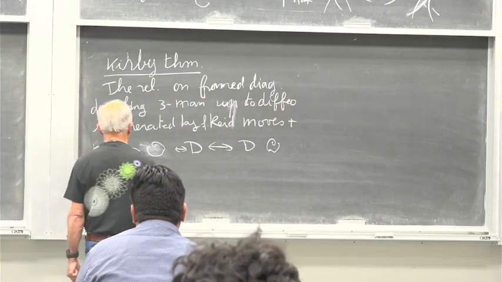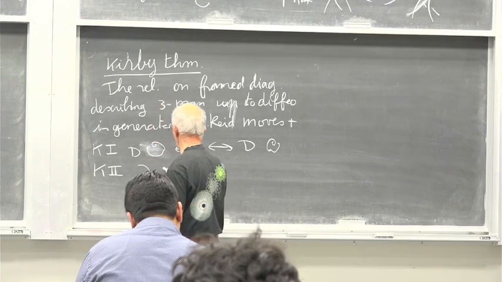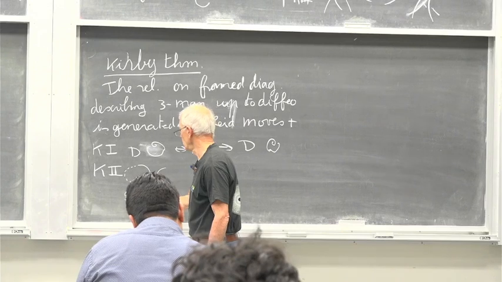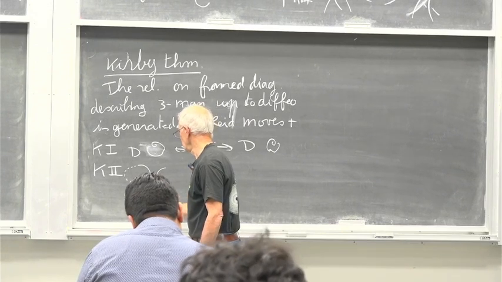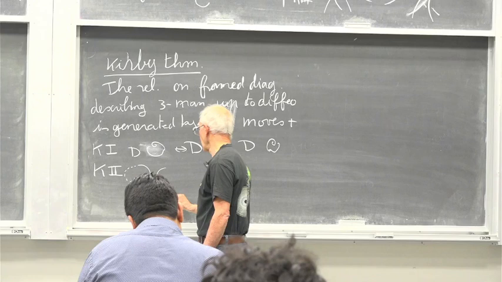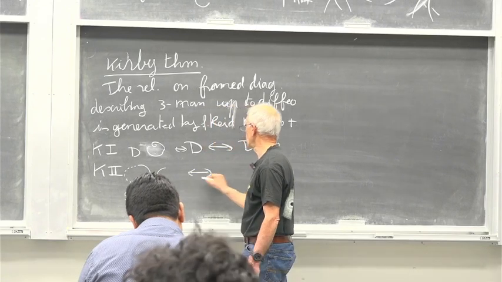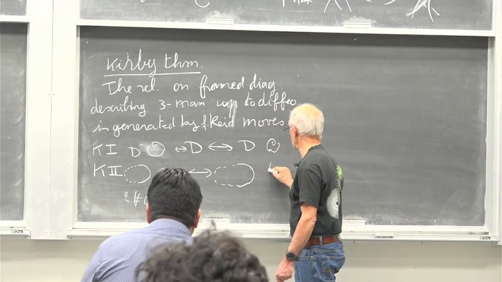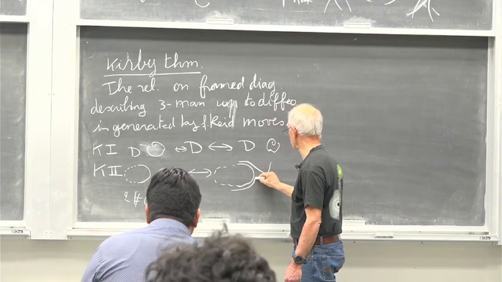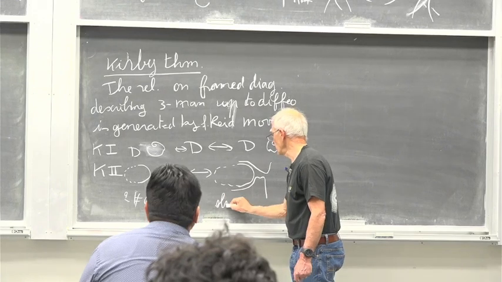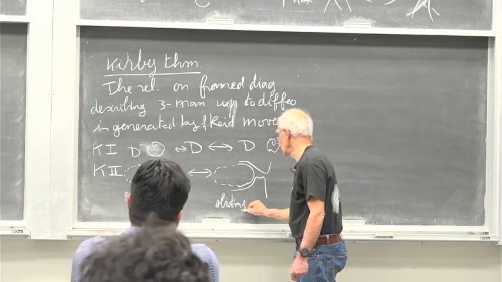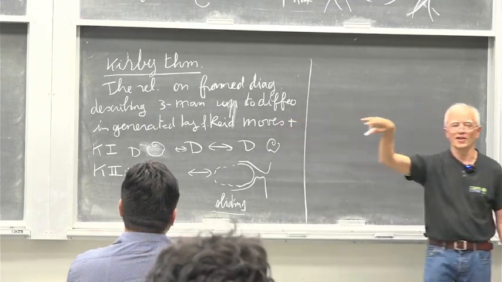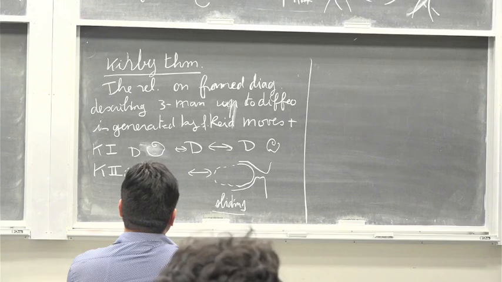K2: you take a diagram where you have two different components, and you slide. Take this, and you go along, and come back. So this one is sliding. Okay, I'm sorry. I should have done the example before. I'm coming back to the example.